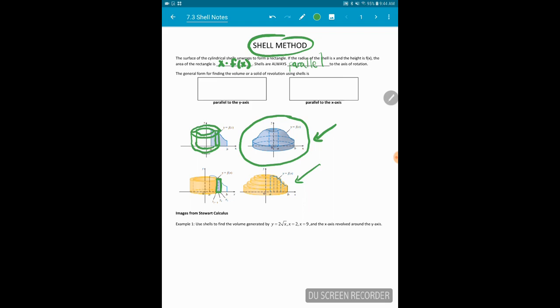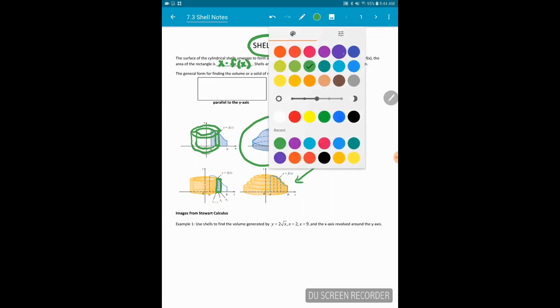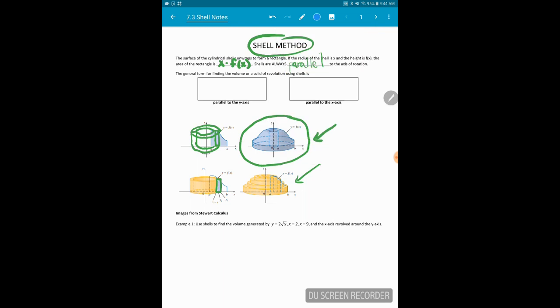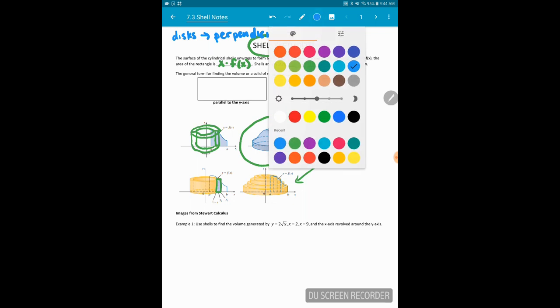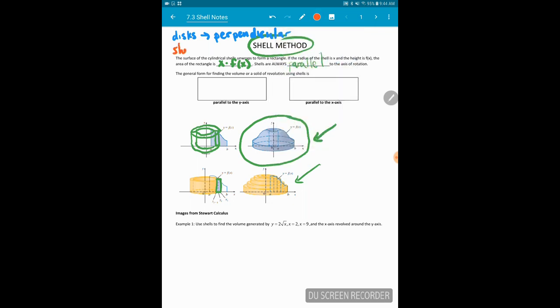Shells are always parallel to the axis of rotation. So this is an important note that we have to keep in mind. If we are doing disks, it is perpendicular to the axis of rotation. And if we are doing shells, they are parallel to the axis of rotation.